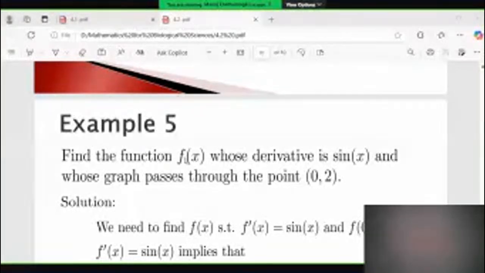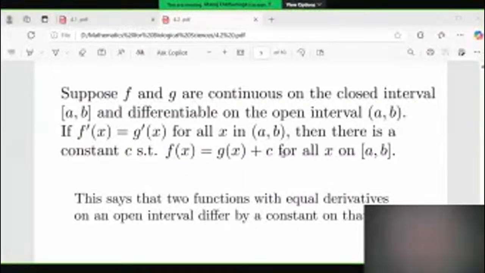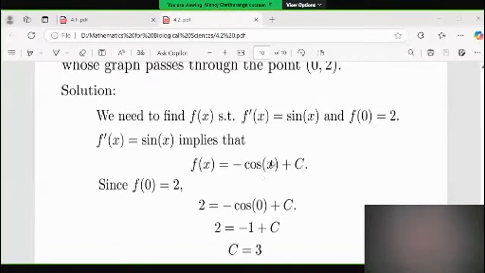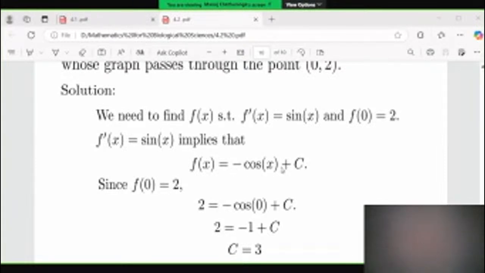So this unknown function must be cosine x plus some constant c, because they have the same derivative. I made a mistake. The derivative of sine is cosine. The derivative of cosine is minus sin x. So to have sin x, we should differentiate minus cosine x. So our unknown function is minus cosine x plus some c.